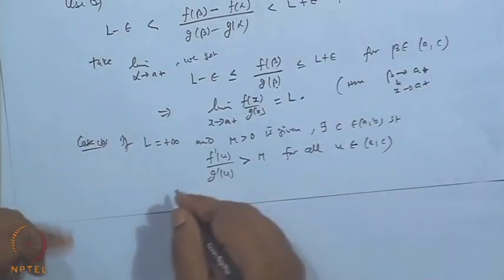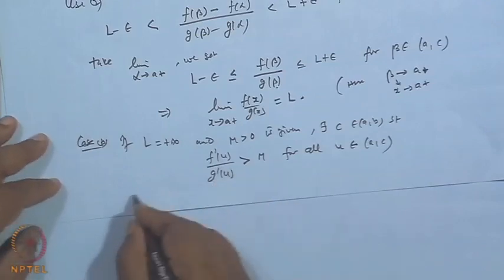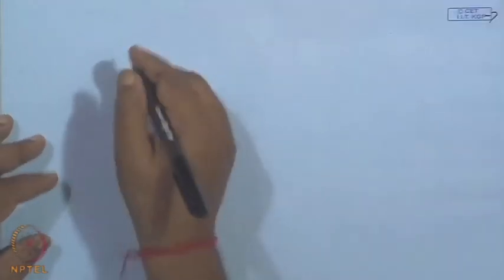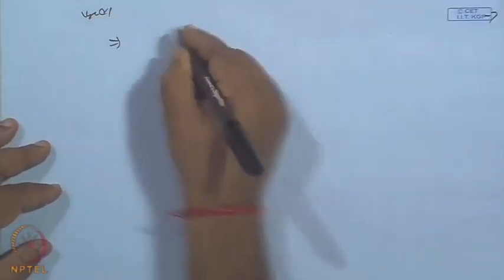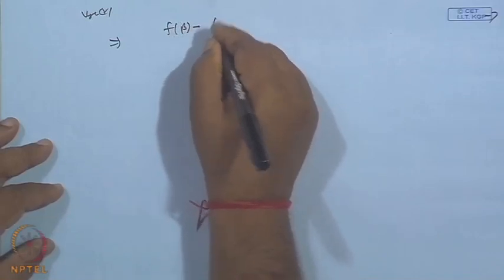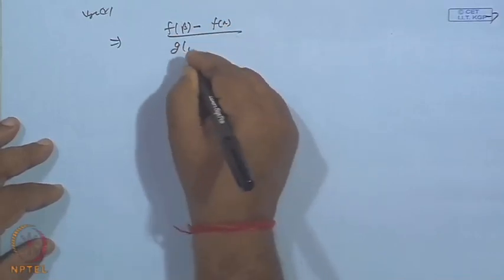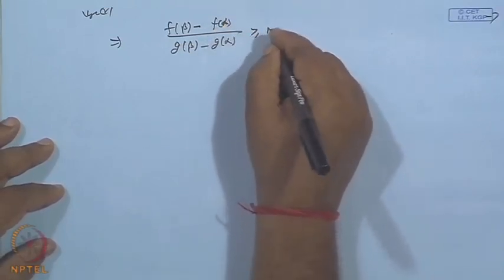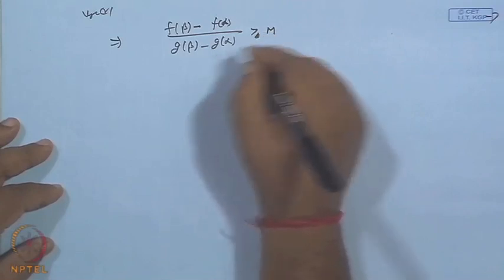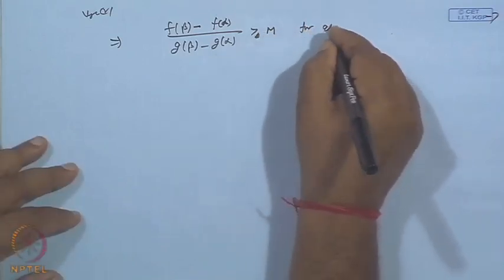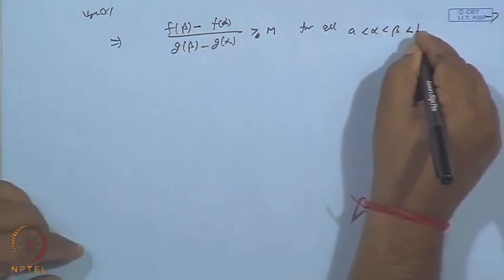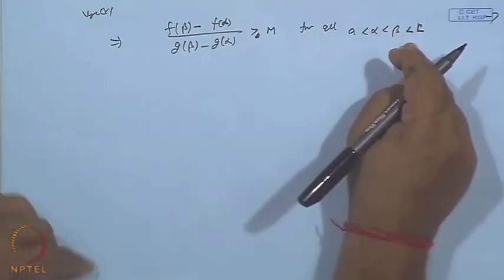Okay. And since epsilon is an arbitrary number, from here this implies f of beta minus f of alpha divided by g of beta minus g of alpha is greater than or equal to m, strictly greater than m, for all alpha and beta lying between this bound, in the right neighborhood of a.